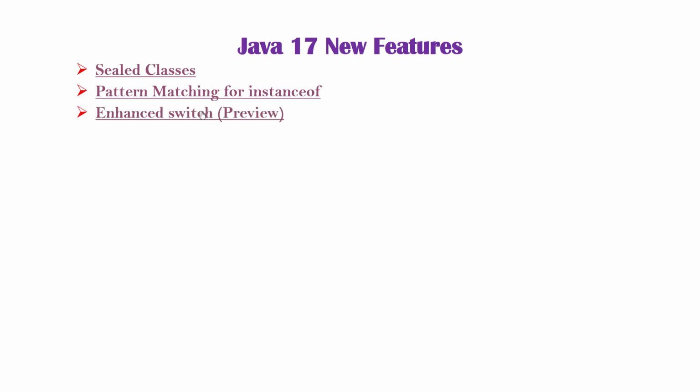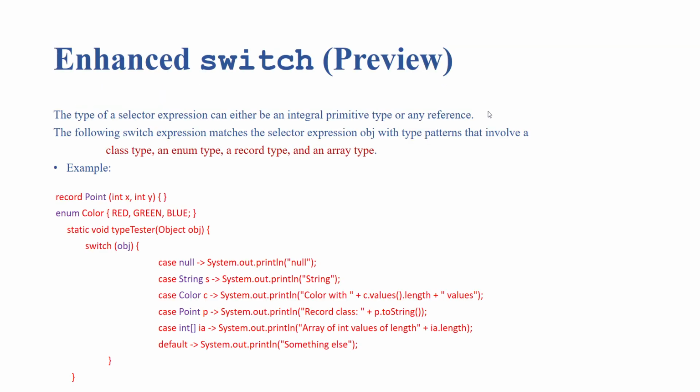Next, there is the enhanced switch. Earlier there was a switch, but it only allowed constant values as an expression and in case labels. Right now it has been simplified more. Now it allows primitive types, any reference, and data types like class type, enum type, record type, and array type as well.